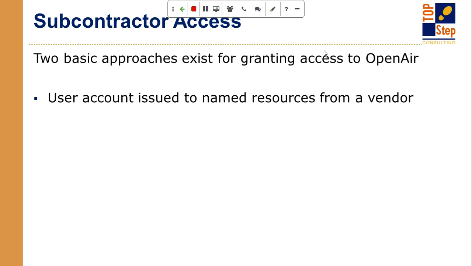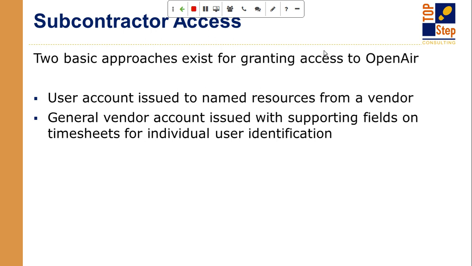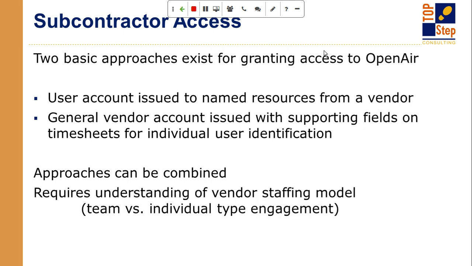But the other approach is giving the vendor themselves a general login. So, ABC company gets a single account and a single contact from that company logs in to record time and understand how their resources are being scheduled. The reason behind the two approaches is really what is the engagement model that you have with your subcontractor.